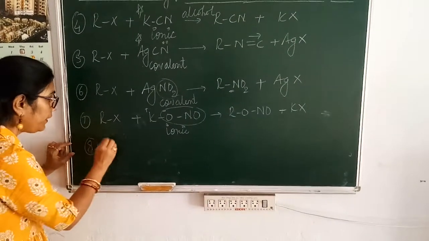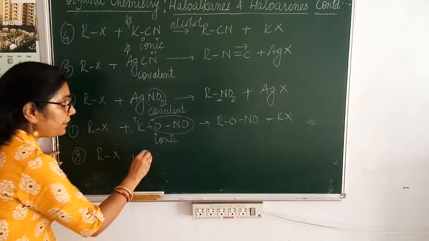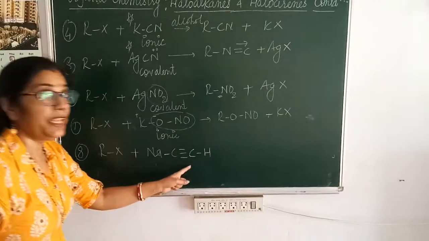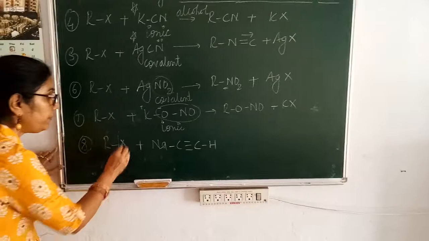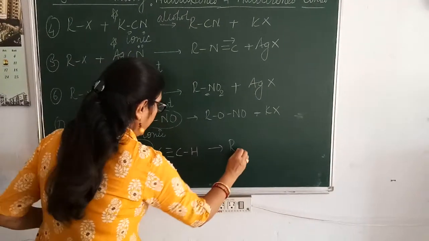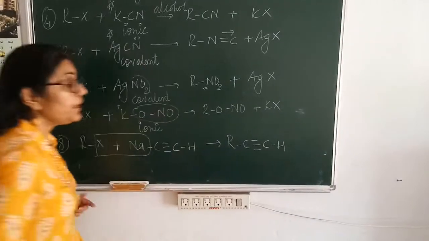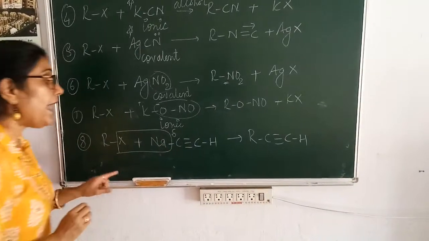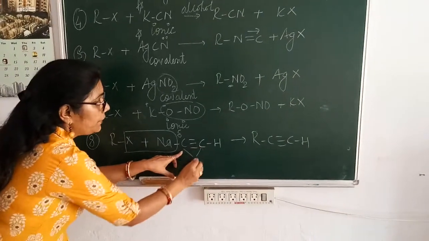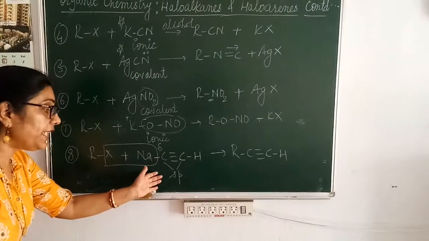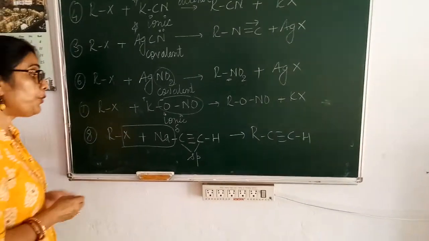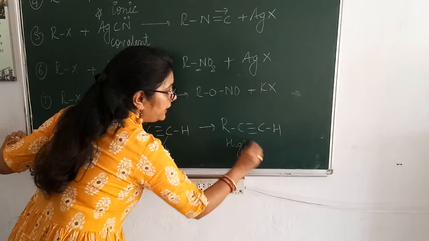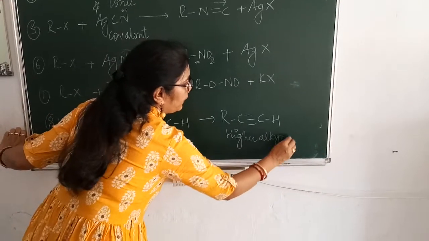And when an alkyl halide reacts with the sodium salt of an alkyne, sodium ethynide, sodium propynide, and so on, we can prepare higher alkynes by using this method. Since alkynes have sp hybridization, they have 50% s character and 50% p character, so that it acts as a nucleophilic center, and you can prepare higher alkynes by using this method.